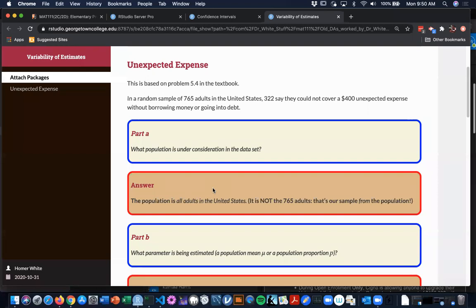The reason we take a sample is because we can't look at everybody in the population. We wish we could, then we could know exactly what we want to know. But the sample is just a really small thing compared to the population. The population is all adults in the US, okay? Unfortunately, a lot of people said the population was the 765 adults, but that's our sample. That's not the population.